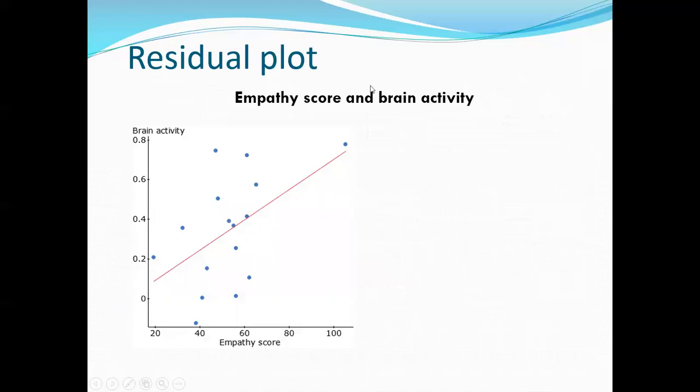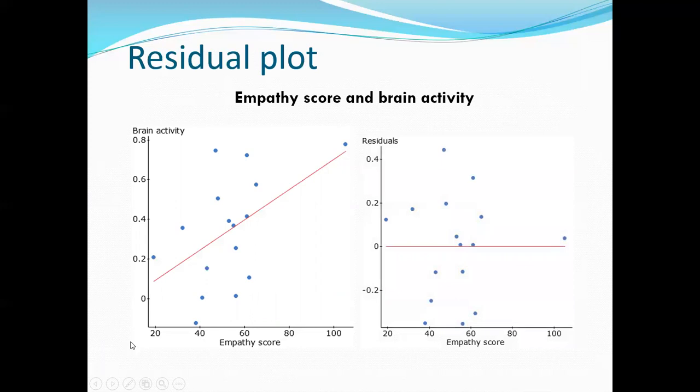So here we have empathy on the x-axis and brain activity on the y-axis. This is a scatter plot of the data with the least squares line. And if we plot the residuals, then the X values are still the same. And what we're plotting is the difference between the first graph's blue dots and the red line.